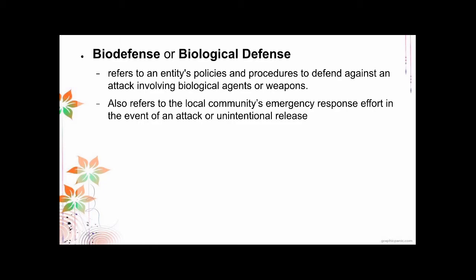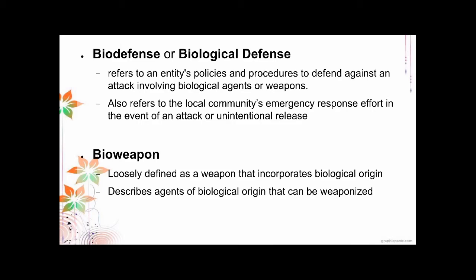Okay, so bioweapon is loosely defined as a weapon that incorporates biological origin, but this definition is a bit lacking. In particular, a bioweapon describes agents of biological origin that can be weaponized. Of course, it becomes a weapon if there's harmful intent.